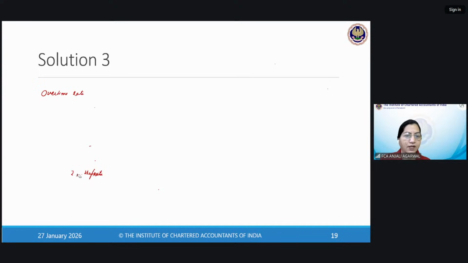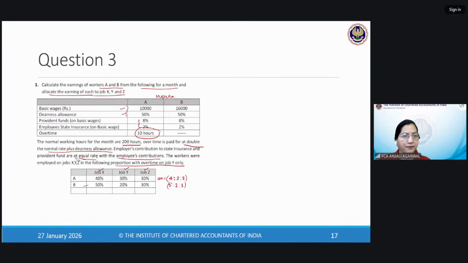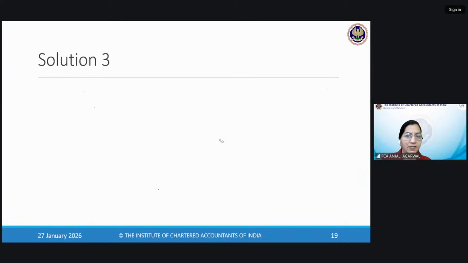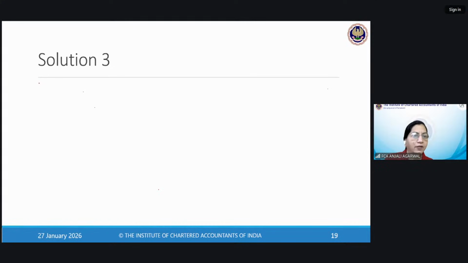So first we have calculated the earnings of worker A and B. What are they going to take home? Then you are asked to calculate, this is given, calculate the earnings of worker A and B from the following month and allocate them to job XYZ. So let's say what is the cost to employer.